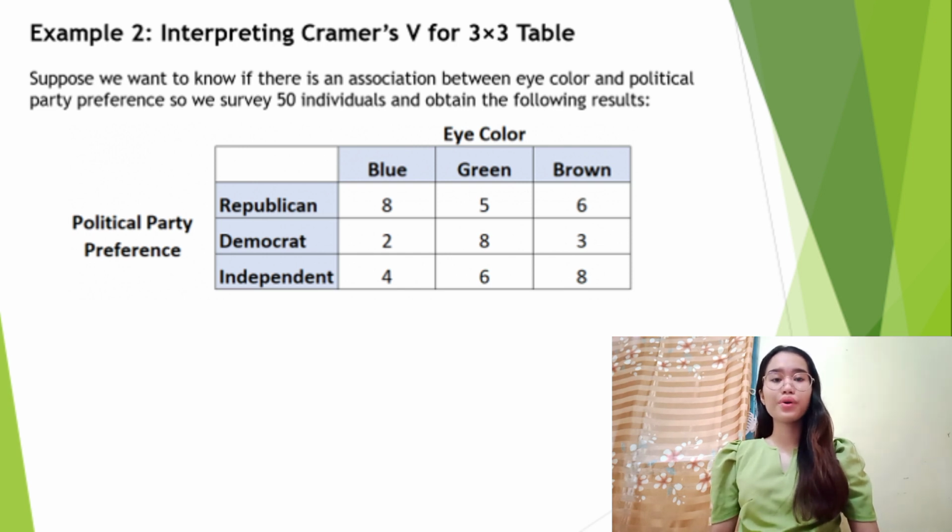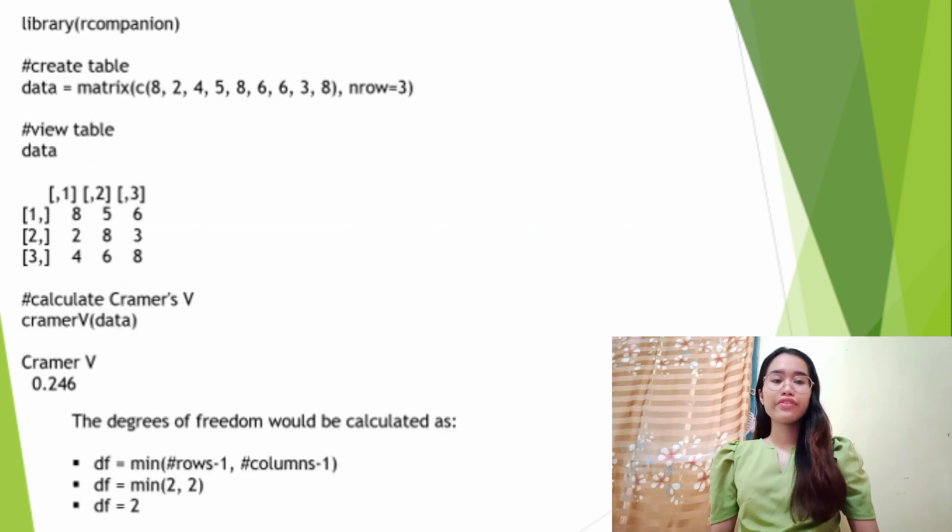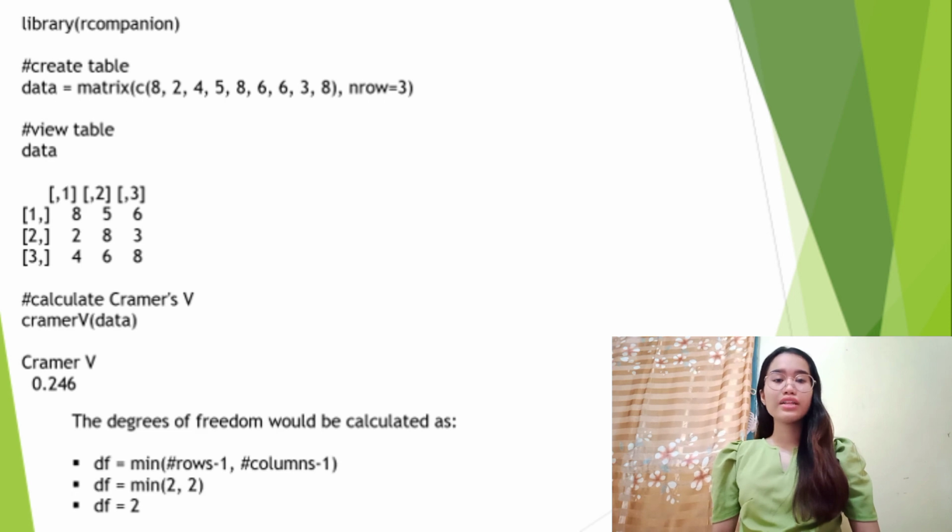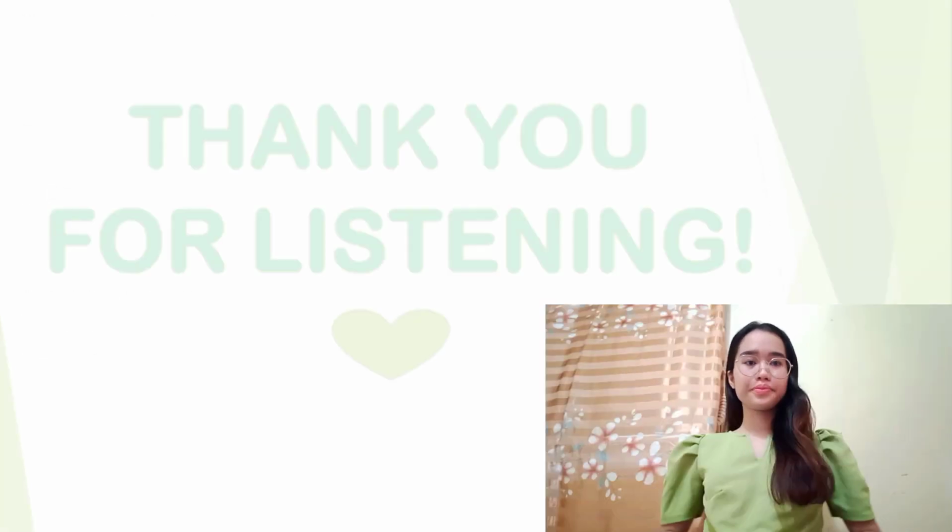And Independent: blue is 4, green is 6, and brown is 8. We can use the following code in R to calculate Cramer's V for these two variables. Cramer's V turns out to be 0.246. Referring to the table above, we can see that a Cramer's V of 0.246 and degrees of freedom equal to 2 indicates a medium or moderate association between eye color and political party preference.